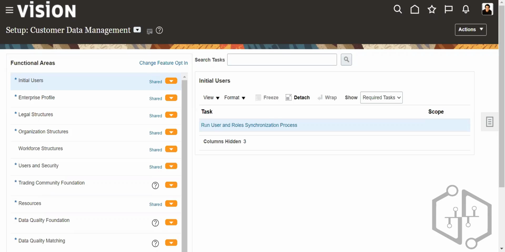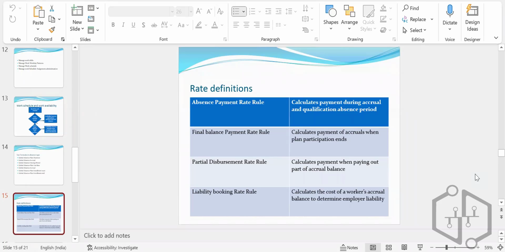Final balance payment rate rule: calculate the payment of accruals when plan participation ends. Partial disbursement: calculate payment when paying out part of the accrual balance. Liability booking rate: calculate the cost of workers' accrual balance to determine the employee liability. Calculate payment during accrual qualifications absence period. That means when you're talking about absence payment rate rule, how are you going to calculate the rate rule of the candidate? It calculates the payment during absence at qualifications absence period.